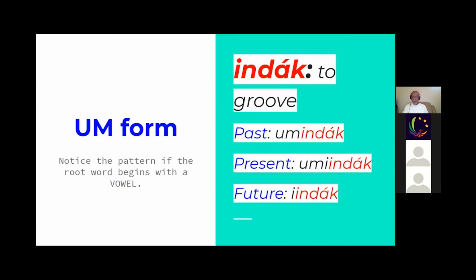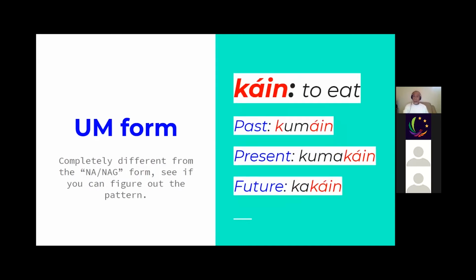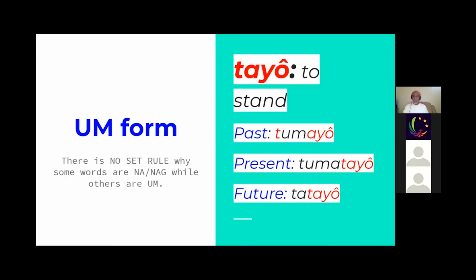Very good. So, do you notice a continuity to the rule? You notice that this word now starts with a vowel compared to the other two that start with a consonant, right? So these two start with a consonant.